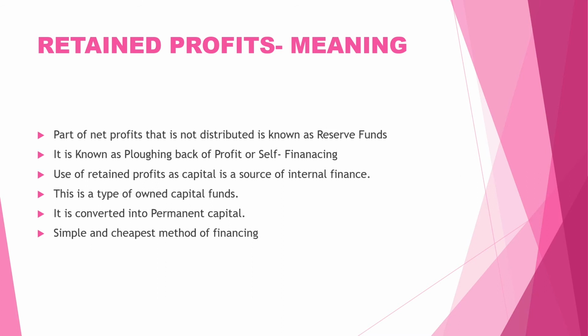It is a simple and the cheapest method of financing because the company does not have to pay any dividend on this type of capital at present. The company does not have to advertise or incur any extra cost to bring this capital into the business.